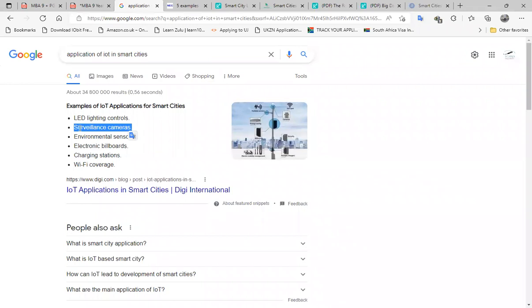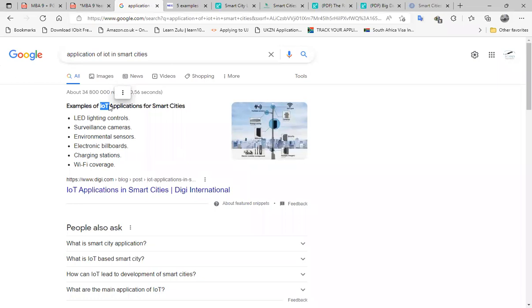So the technology China uses with surveillance cameras is because of what is called the Internet of Things. It's part of an IoT application, right? You can connect all those cameras. Just imagine, cities in China are big. Remember, China is one of the most populated places on the face of the earth.